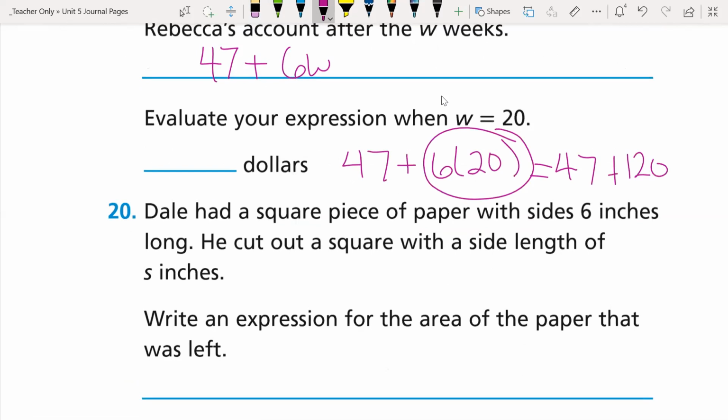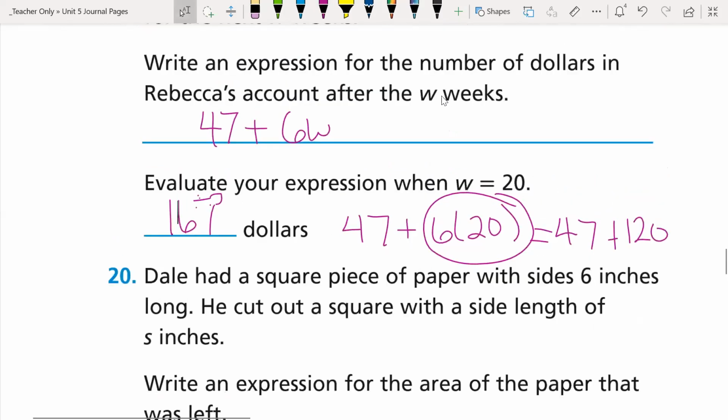And 120 plus 47 is 167. So she'd have $167 if she did that same pattern. She would have $167 at the end of those 20 weeks if that pattern was consistent.